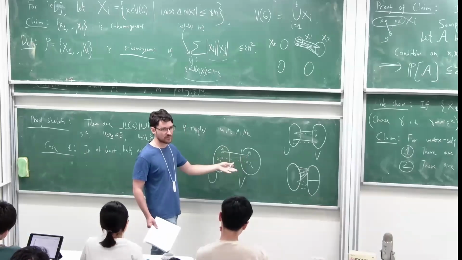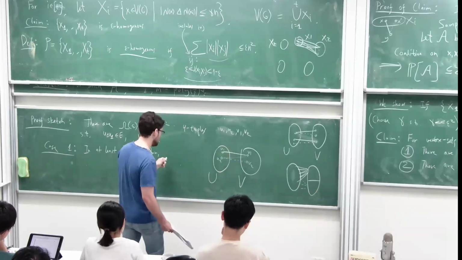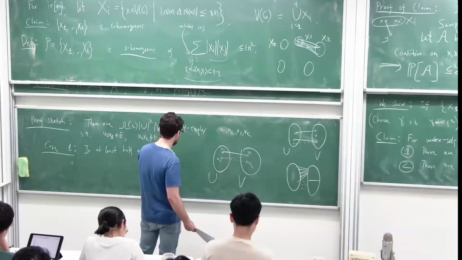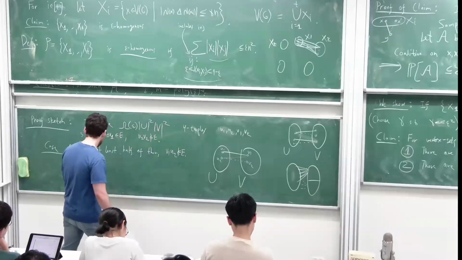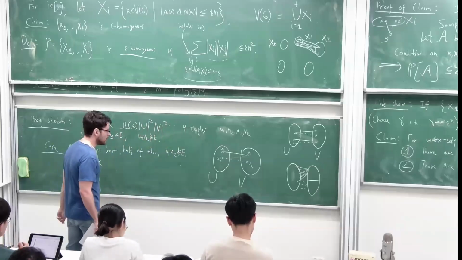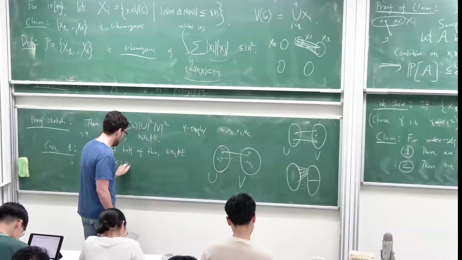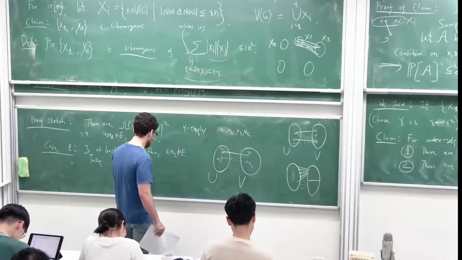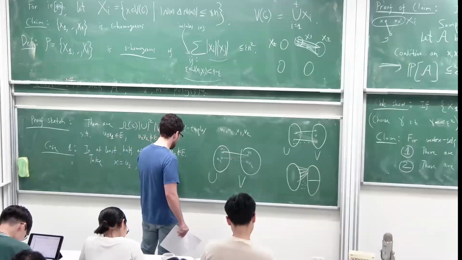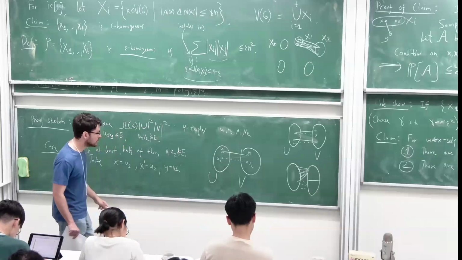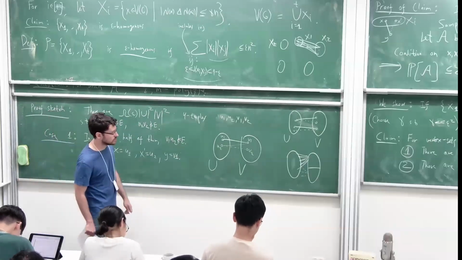Either in half of them it's an edge or in half of them it's a non-edge. Let's say it's a non-edge: V1, U2 is not an edge. But then you can take x equals U1 and x prime equals U2 and y equals V1. So this is good for us, right? So this looks like that.